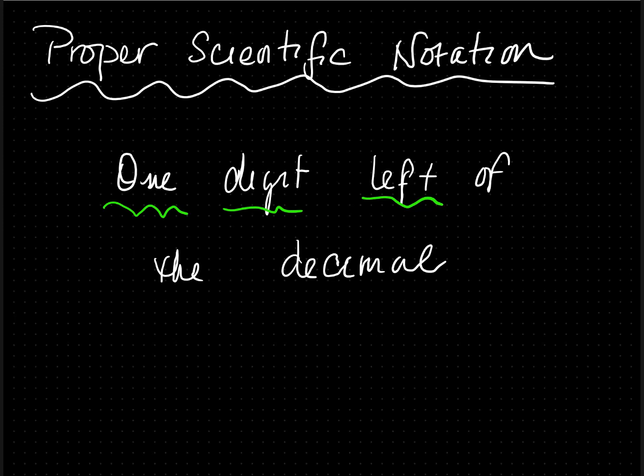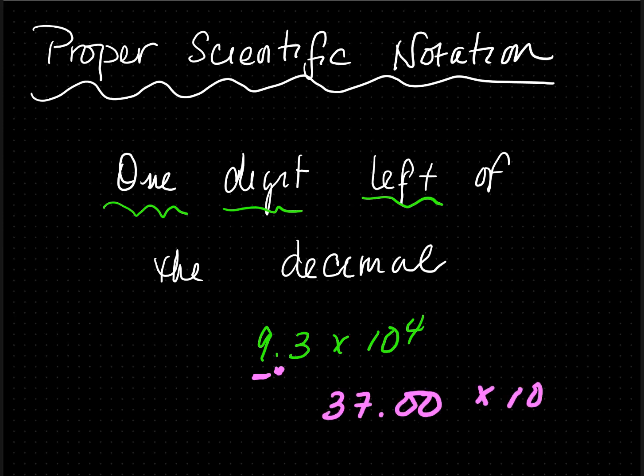As noted in the previous slide, proper scientific notation always has one digit left of the decimal. So if I have an example such as 9.3 times 10 to the fourth, this is proper scientific notation because we have the decimal here and there's one digit to the left of the decimal. If we have a number such as 37.00 times 10 to the negative third, this is not proper scientific notation because left of the decimal there are two digits.